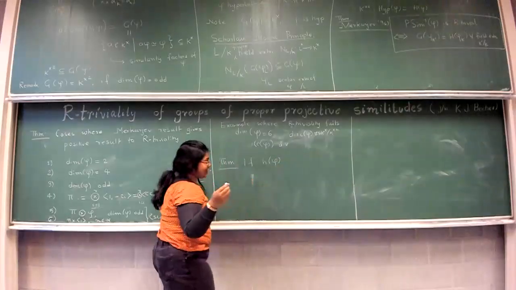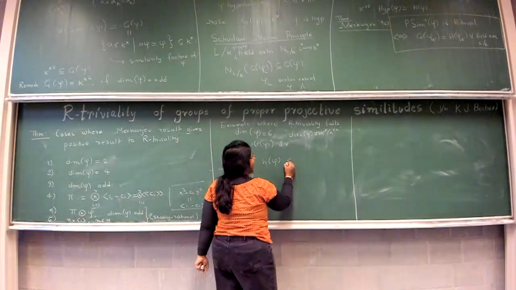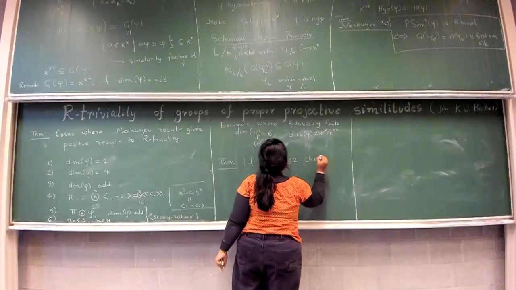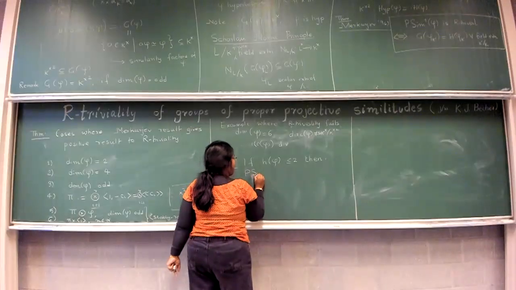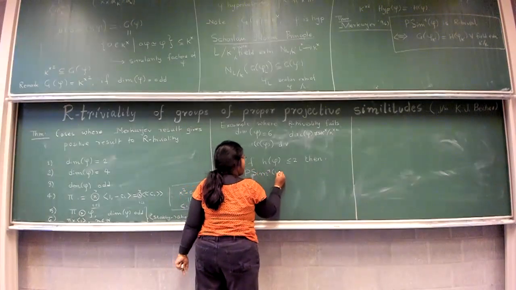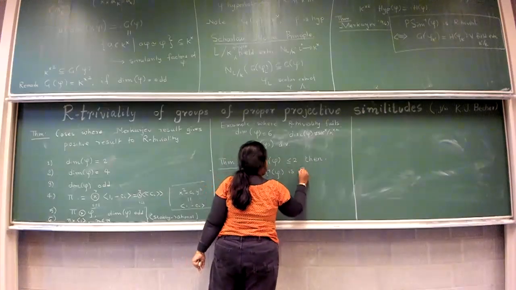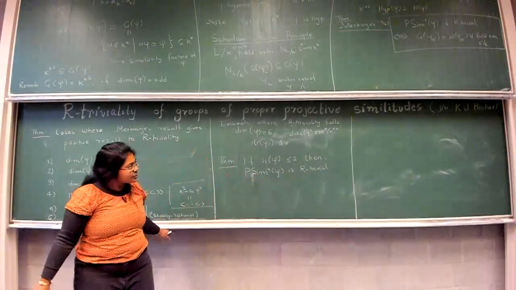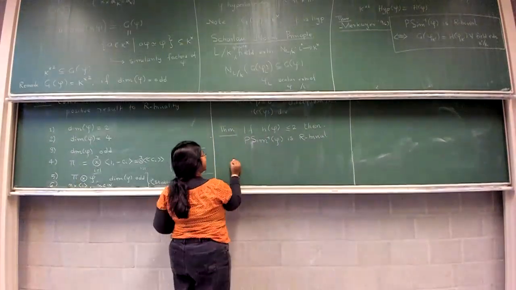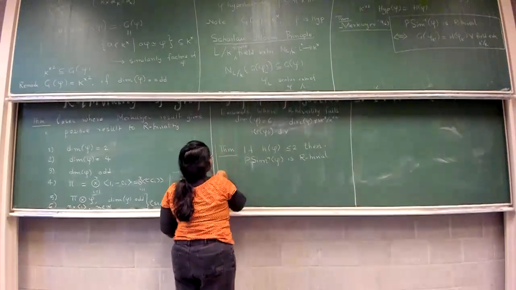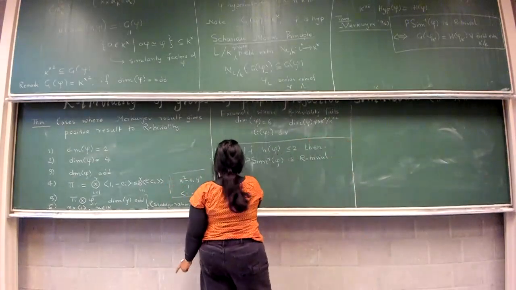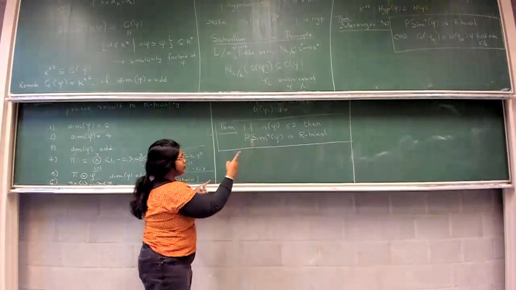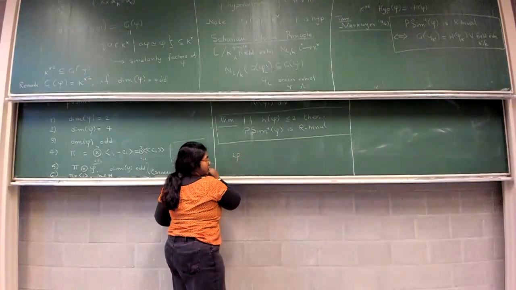So first comes the statement that if the height of the quadratic form is at most 2, then this is R-trivial. What does height mean?